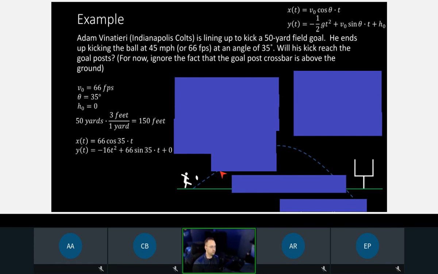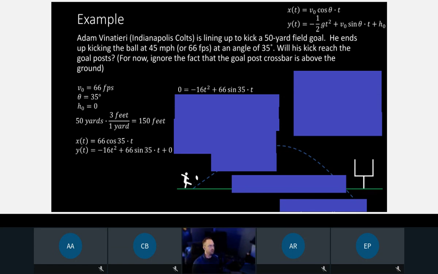Ooh, that'll be neat. So when the ball hits the ground, what does the height equal? 0. Yeah. So we're using the y equation. We're setting y equal to 0 because we want to know when the ball hits the ground.